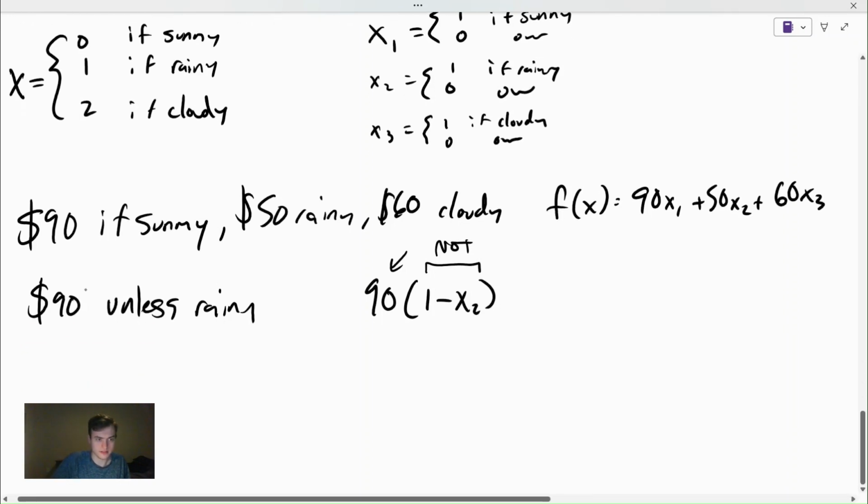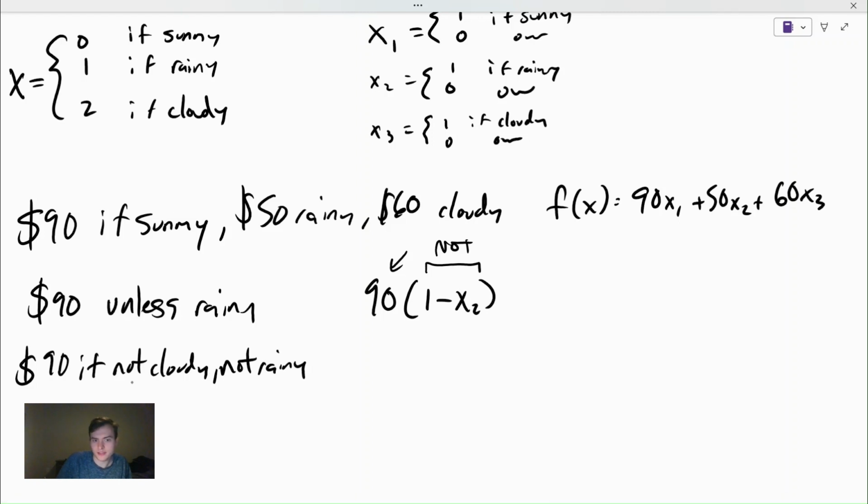And we can also do the example $90 if not cloudy, not rainy. So that would be the same as $90 if sunny, but we could write the expression this way, a little more complicated, right? So 90 when it's not cloudy or it's not rainy.